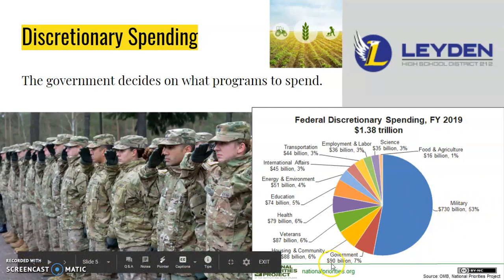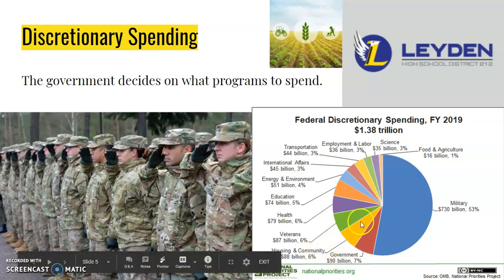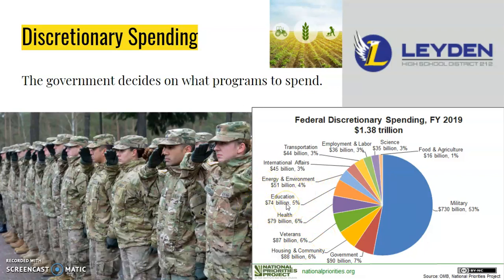And then we could see another 90 billion, 70% went towards funding the government, right? So running the government, paying out government salaries and things like that. Then we have housing and community, right, which is like public housing, veterans, health, education. This one might be important for us, right, because me and you are both in education, right?